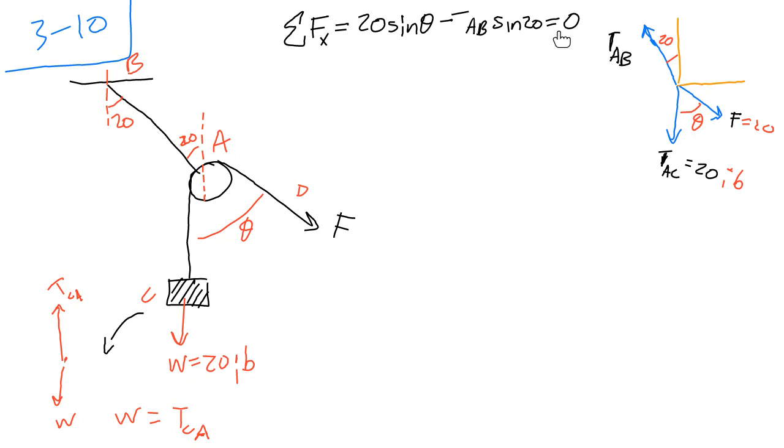So yeah, let's go ahead and rewrite that to solve for TAB. So we see TAB is going to be equal to, let's see, add that over and divide, 20 sine theta.